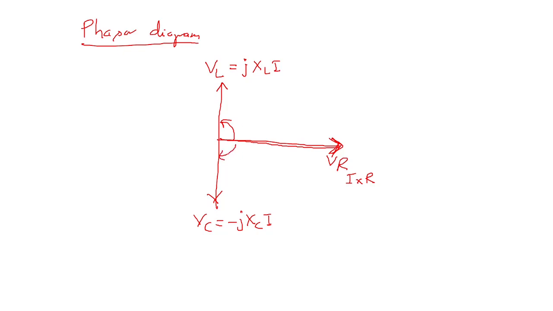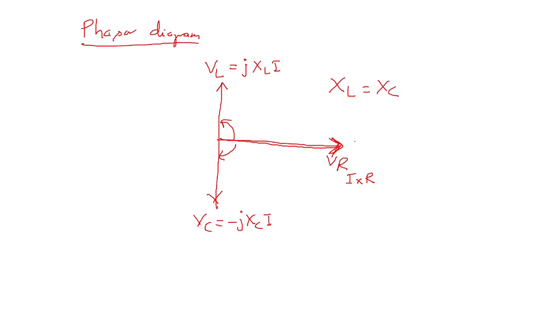So if there is inductive effect, the voltage is going to lead. If there is capacitive effect, the voltage is going to lag, and the same with the current also. So here, if the inductive reactance and capacitive reactance get cancelled at series resonance, that is when XL is equal to XC, then the current flowing through the circuit will be in phase with the applied voltage.